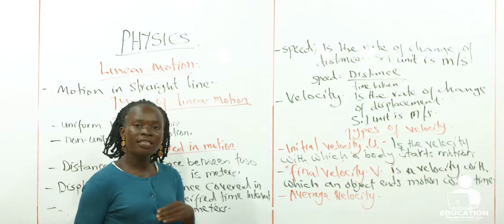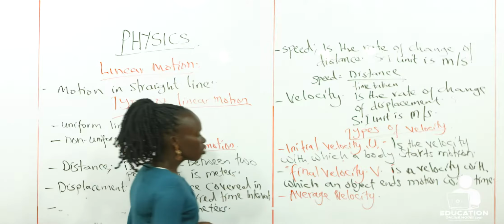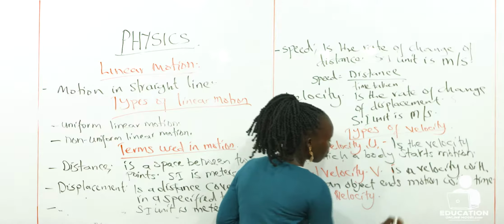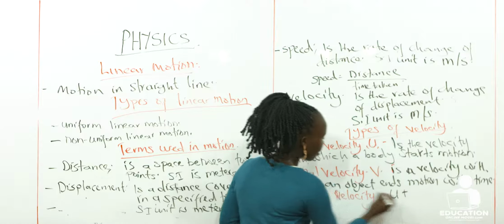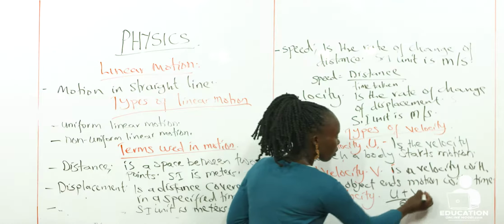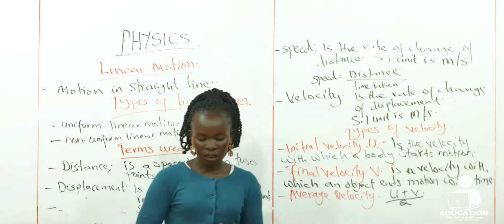So there you're getting the average between the two velocities. We shall have it as our initial velocity, u, plus the final velocity, v, divided by 2. There you will be getting your average velocity.